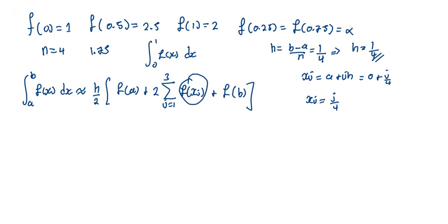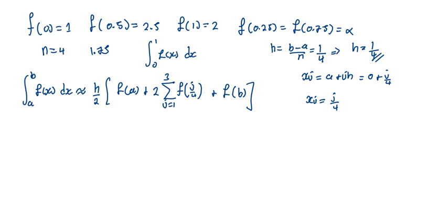That's exactly what we are going to plug in, and I can substitute it here to save some time and space. So instead of f of x sub j, I'll put f of j over 4. Now, we already have f of 1, which is our upper limit, f of b, and f of 0, which is f of a and equal to 1, already given.